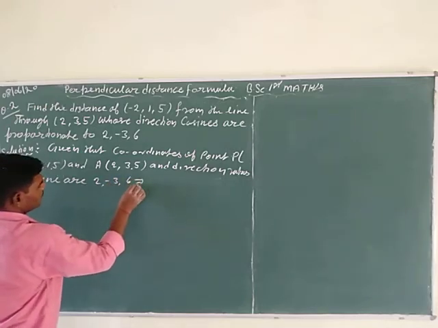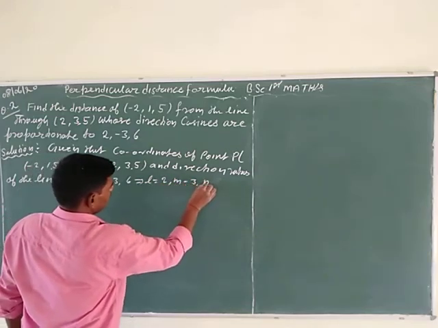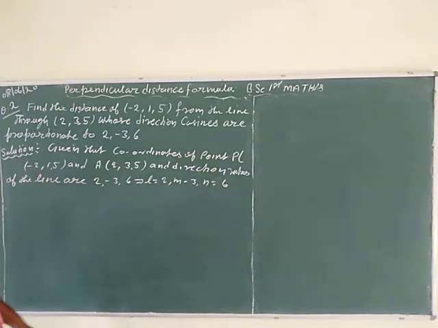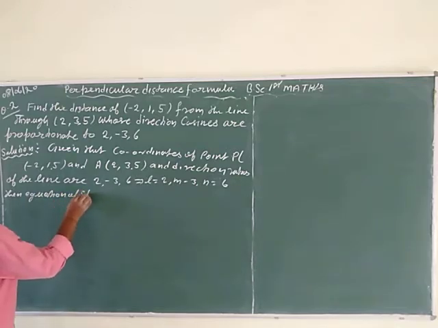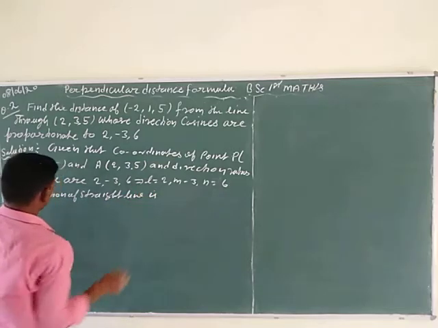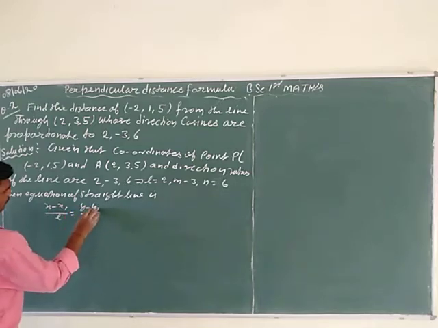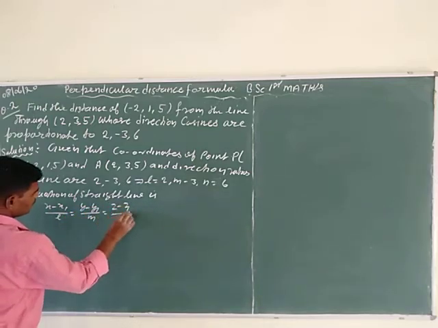It implies that putting L equal to 2, M equal to -3 and N equal to 6, the equation of the straight line, using the direct formula in the symmetrical form of the equation of a straight line, is x minus x1 by L, y minus y1 by M, and z minus z1 by N.